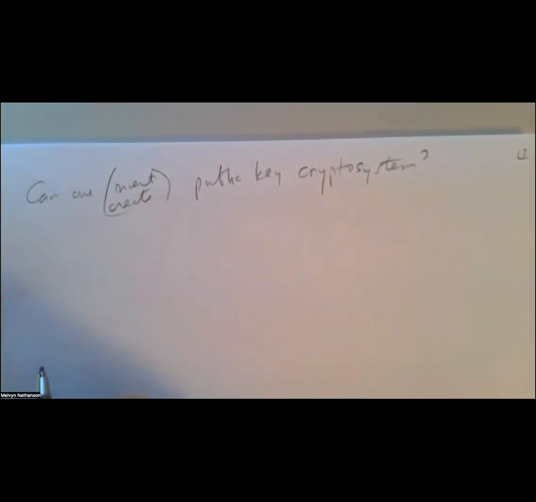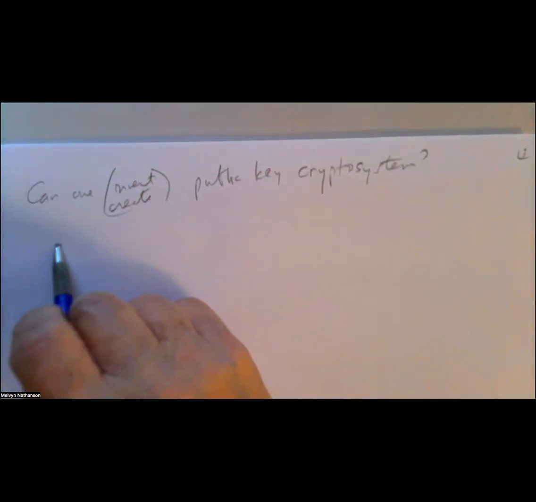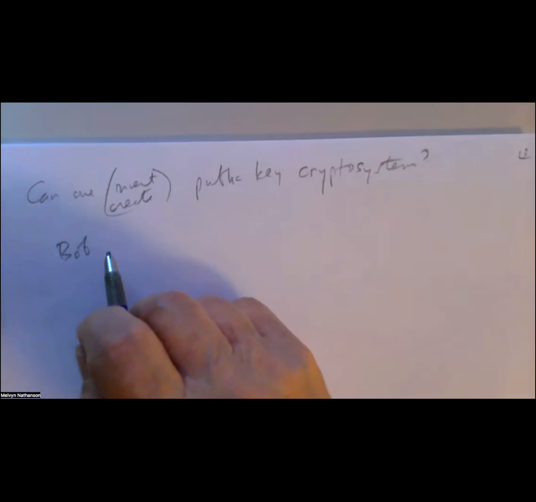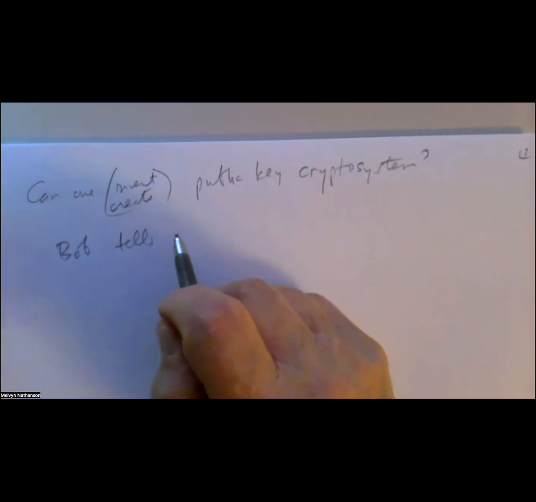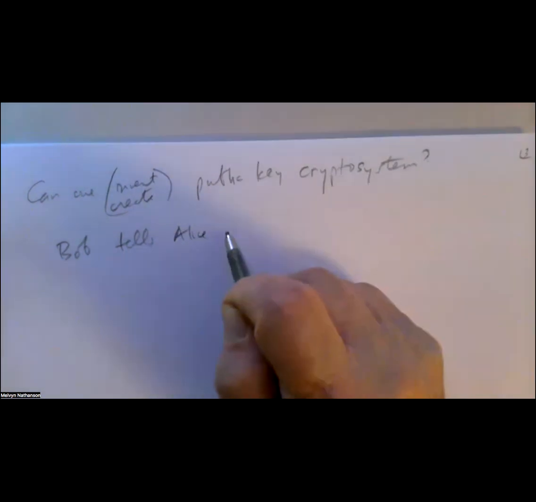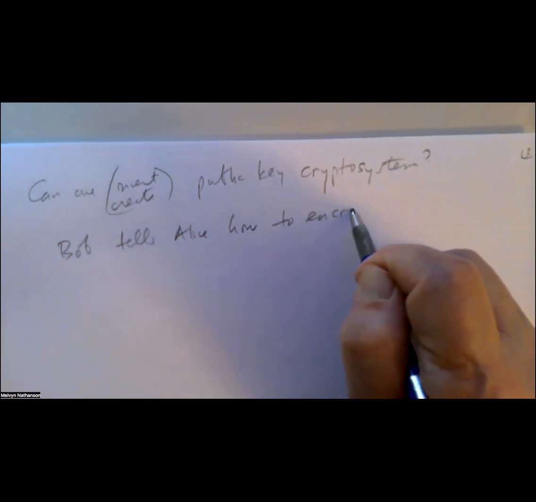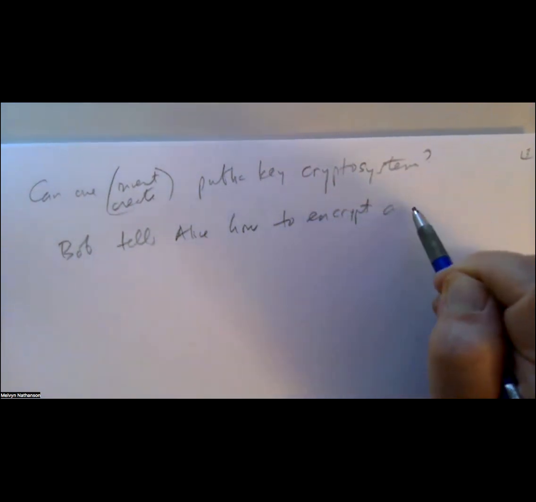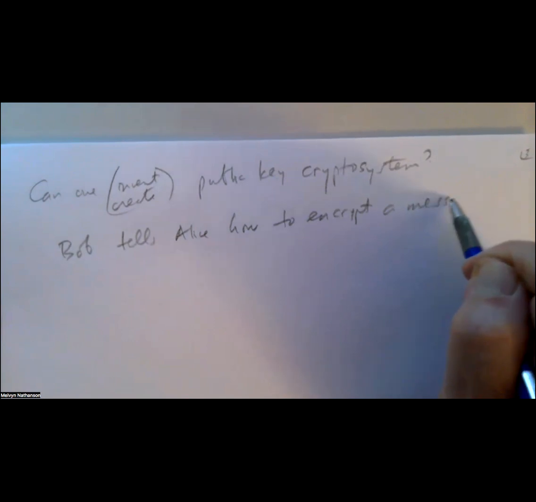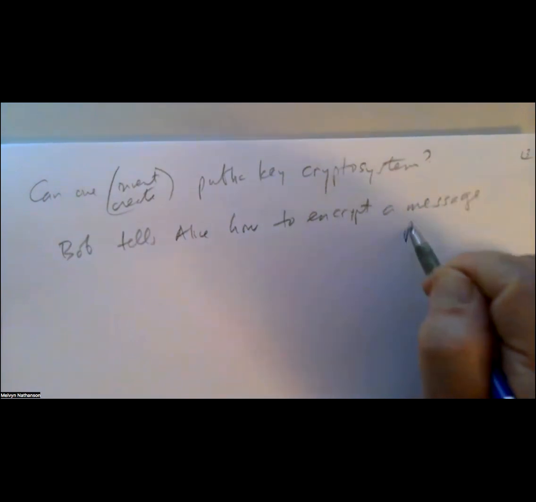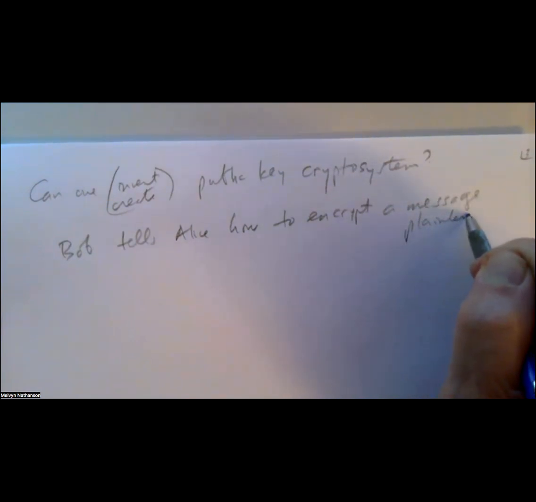In a public key crypto system, Bob tells Alice how to encrypt a message, the plain text.